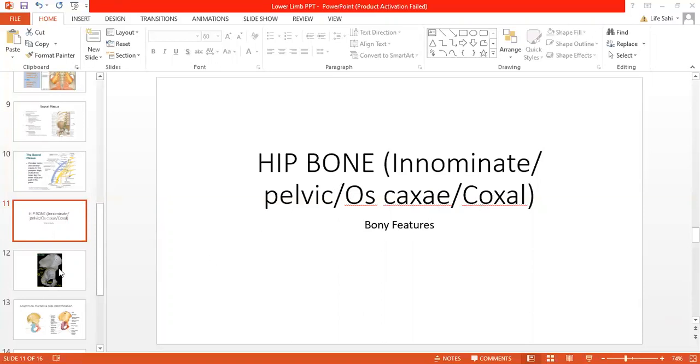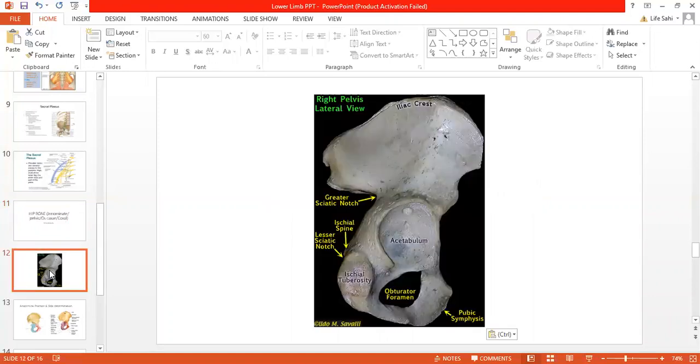Hip bone is a very large, irregular bone, as you can see in this picture. It comprises three parts, which develop as independent bones and later fuse with each other at the region called acetabulum, this one.